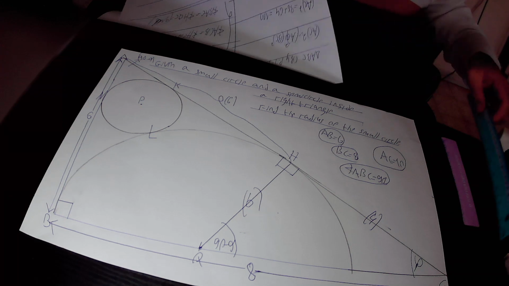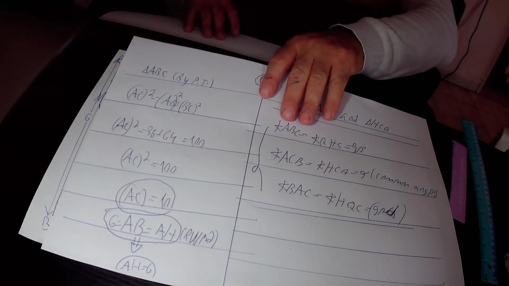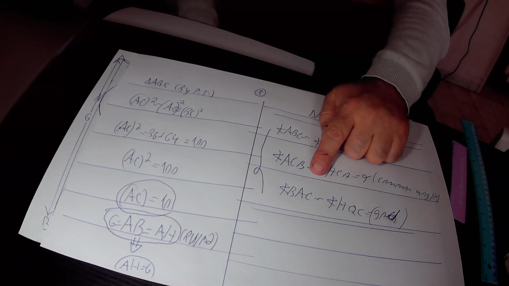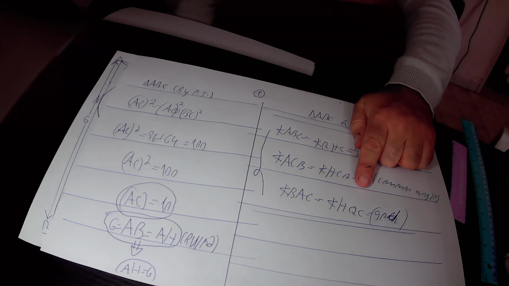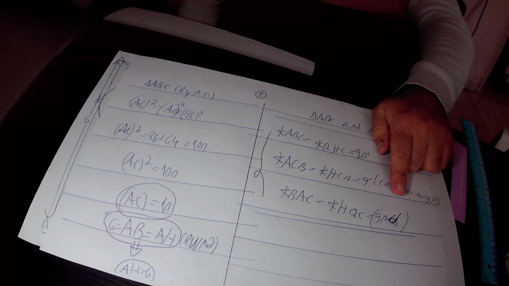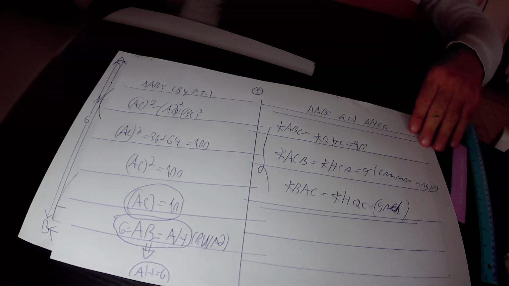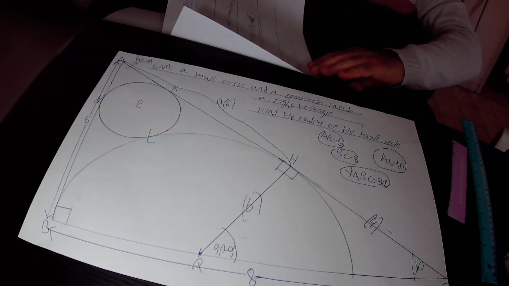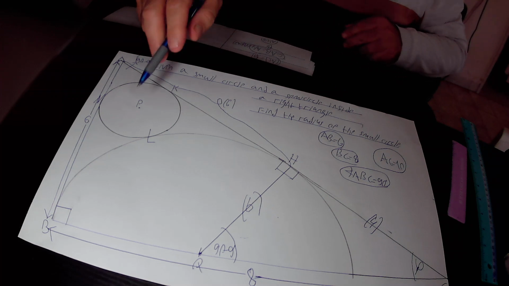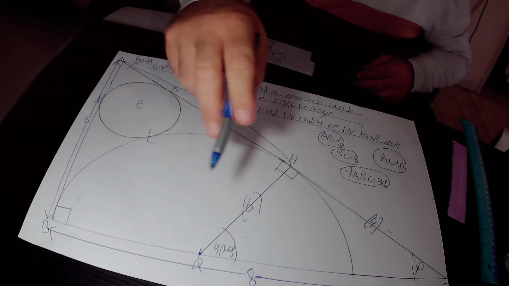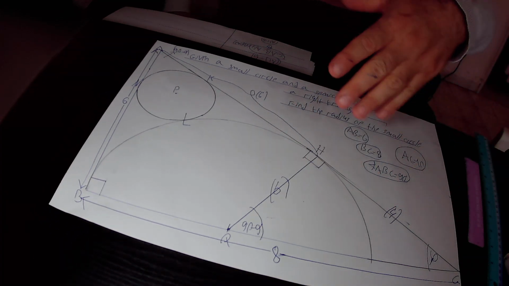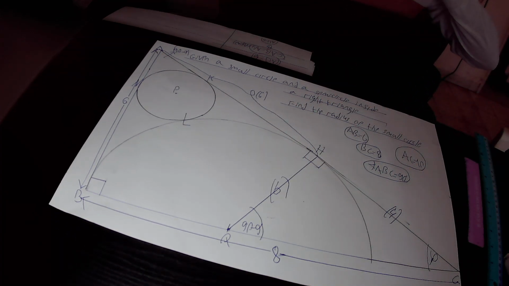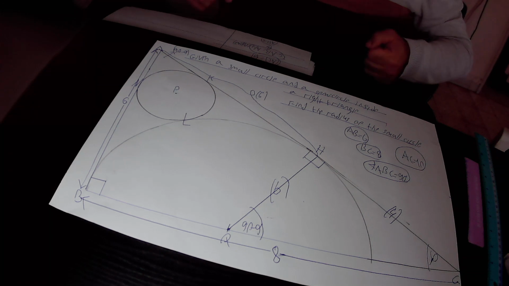We found that angle BAC in the big right triangle ABC equals angle HQC in the small right triangle HCQ. They are both equal to 90 degrees minus alpha, therefore they are equal to each other. So we actually proved that all the angles in this big right triangle ABC are correspondingly equal to all the angles in this small right triangle HCQ. Therefore those two right triangles are similar to each other according to the angle similarity rule.